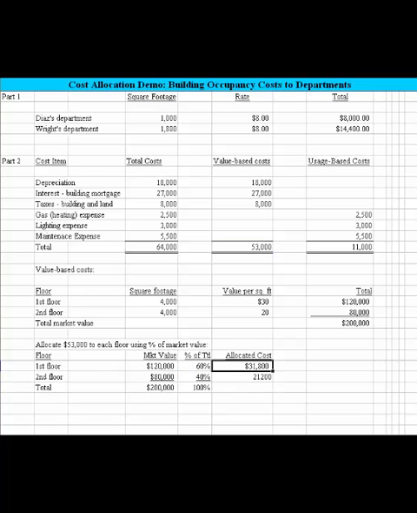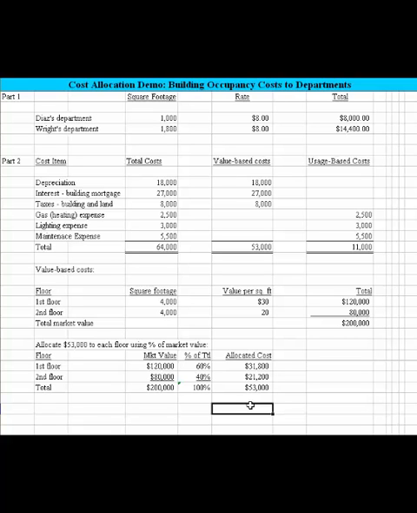Now actually what I could have done in this cell here is locked in the F16 with the F4 key, making it an absolute value, and then I can copy from down below. Okay, and if we've done this one correctly, when I hit the sum key, we should equal the 53,000, and sure enough that cell equals that cell. So we've now taken care of allocating the 53,000 of value-based cost to the appropriate departments.